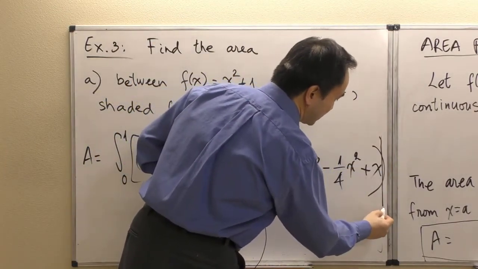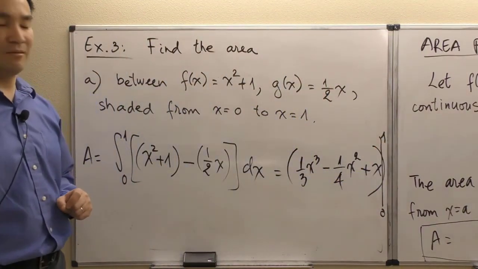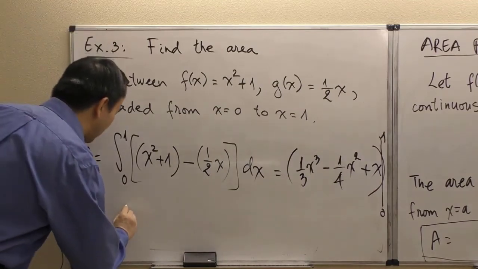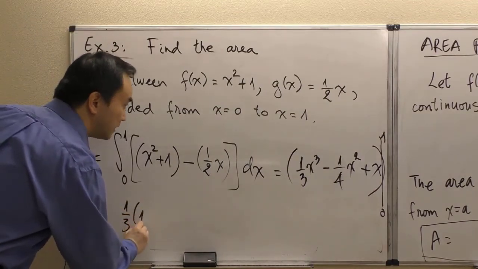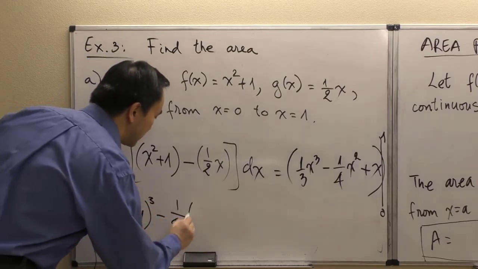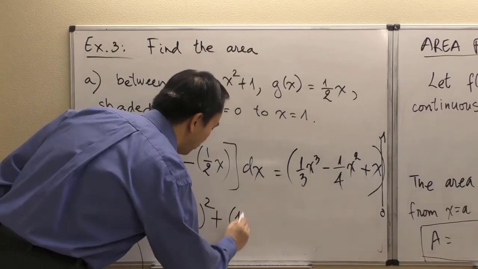Now I'm going to substitute in 0 to 1. I'm going to plug in 0 and 1. So in my next step, really I have a 1/3 with 1 cubed minus a 1/4 times 1 squared plus 1.